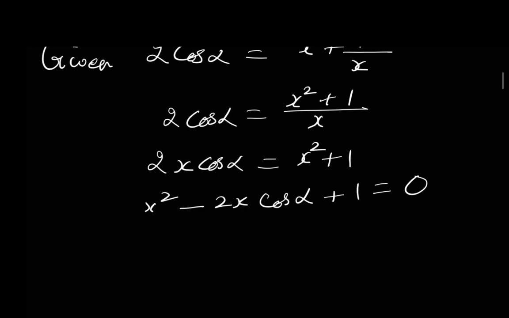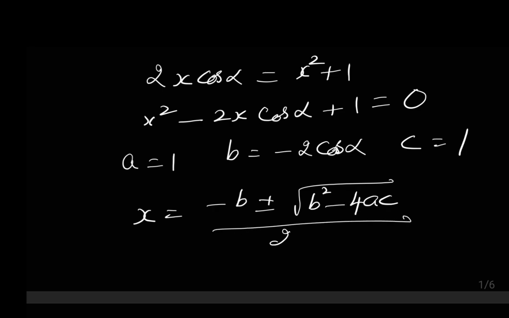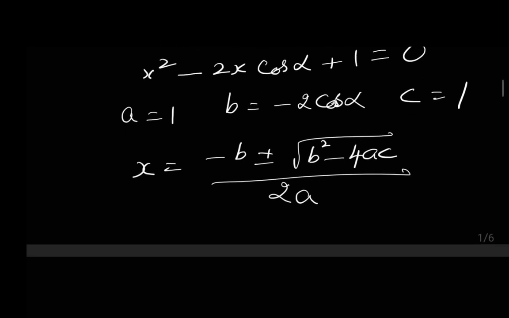We have to solve this equation. So a is equal to 1 and b is equal to minus 2 cos alpha and c is equal to 1. So the solution x equals minus b plus or minus root of b square minus 4ac by 2a. This is the formula for finding the roots. So here what is b?